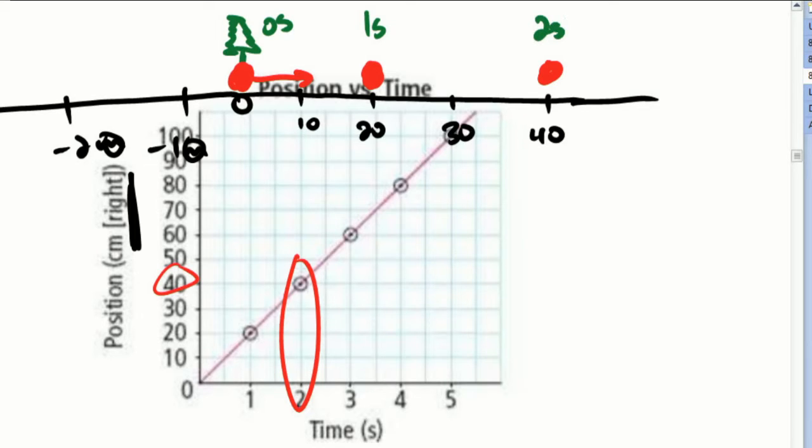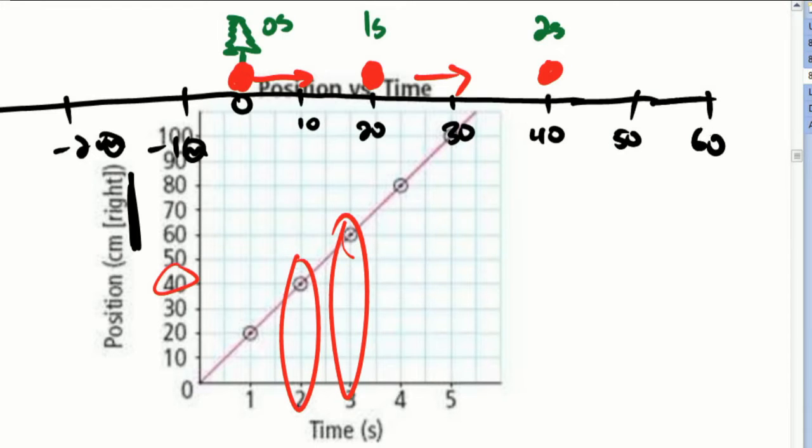And that's just going to continue. The ball is just going to keep going. At 3 seconds, it's going to be 60 meters. So if I had another point out here, there's 50, there's 60. Draw the red ball over here. And that would be at 3 seconds. So the ball is just moving to the right. That's what the positive slope is indicating.